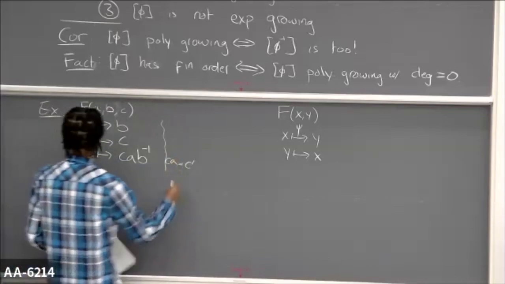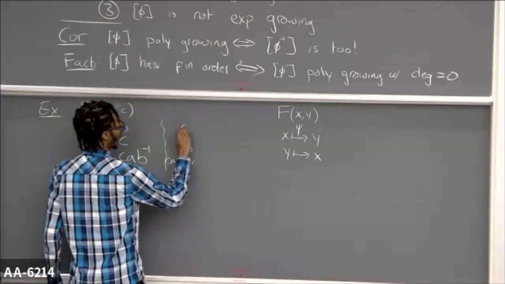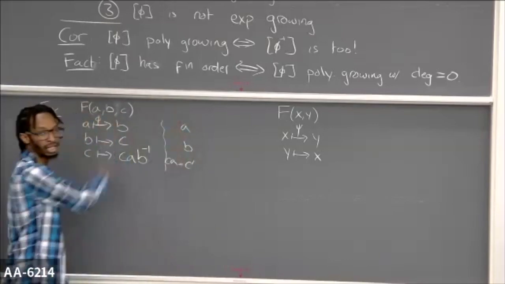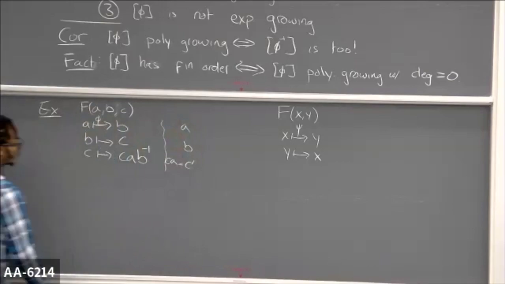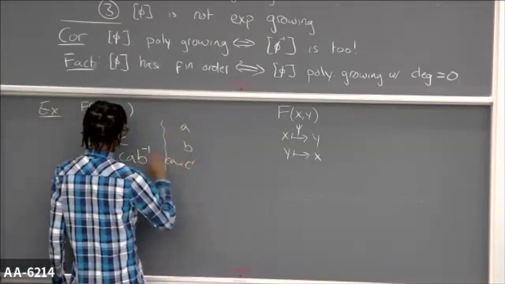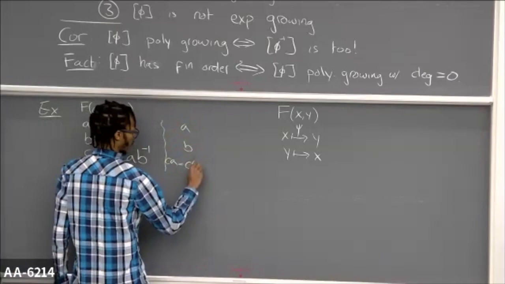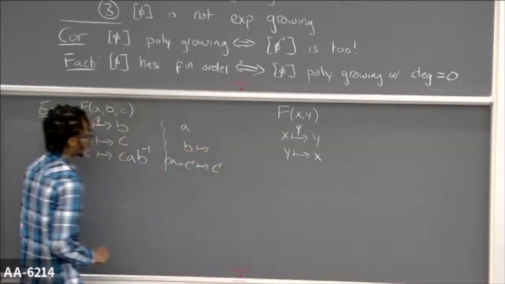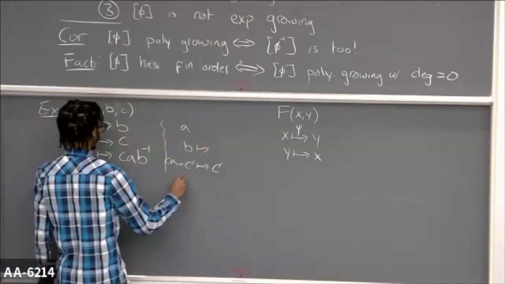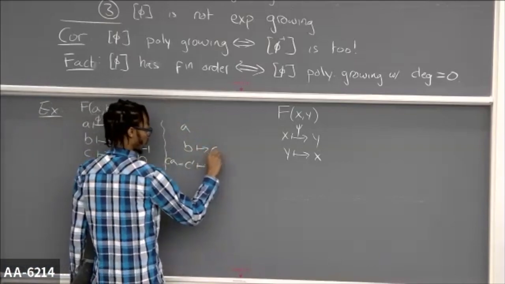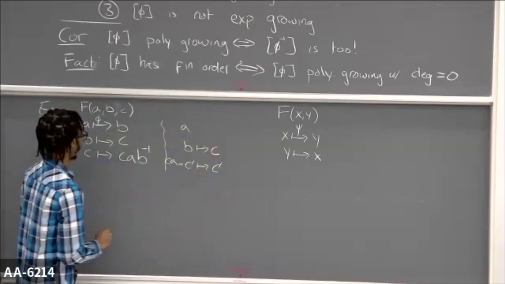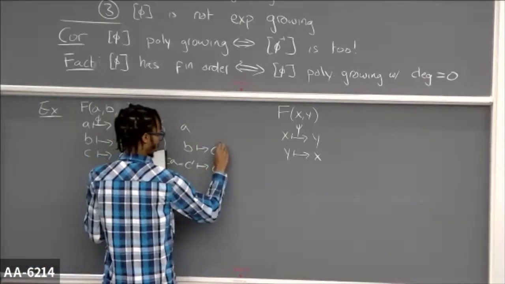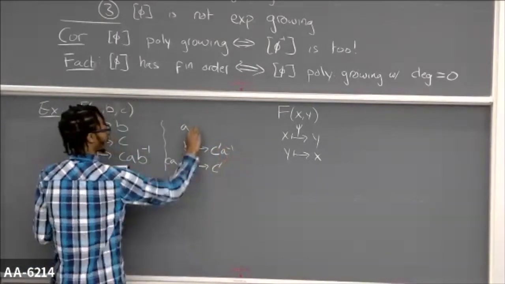And over here I have B and I have A. So this is still a basis of my free group. It just looks slightly different. And then the automorphism is going to look like C prime gets sent to C prime. B gets sent to C prime A inverse, thank you.